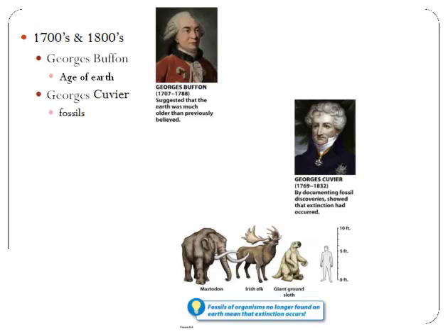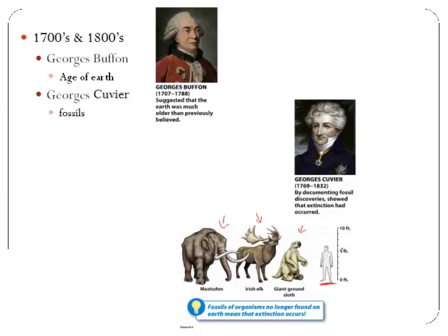Another discovery: Georges Cuvier started collecting and studying fossils. Here are just some of the fossils he looked at: mastodons, Irish elk, and this giant ground sloth, which is huge compared to a human, well over 6 feet tall.